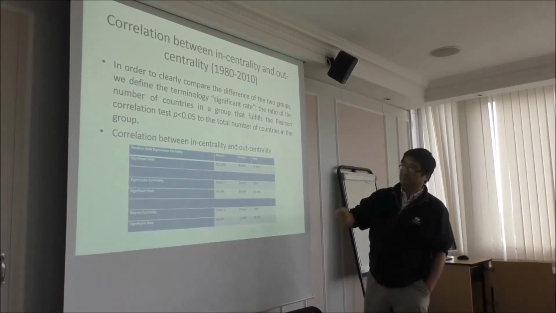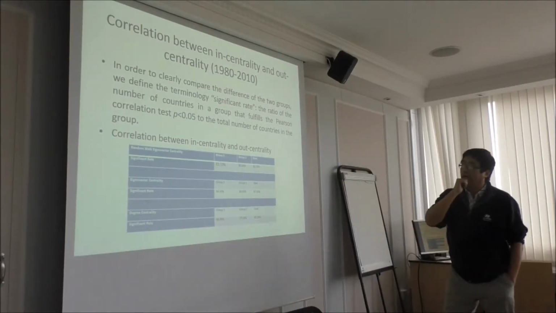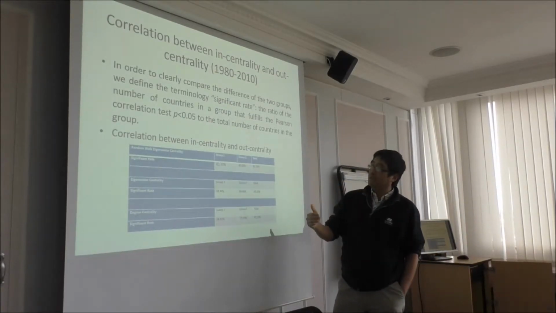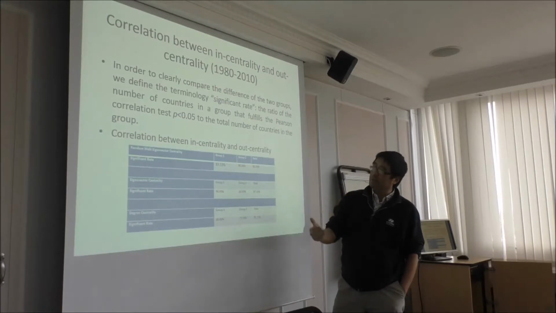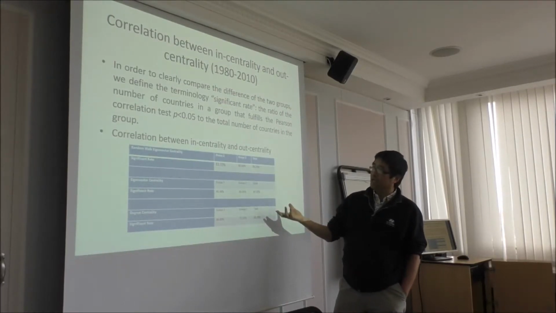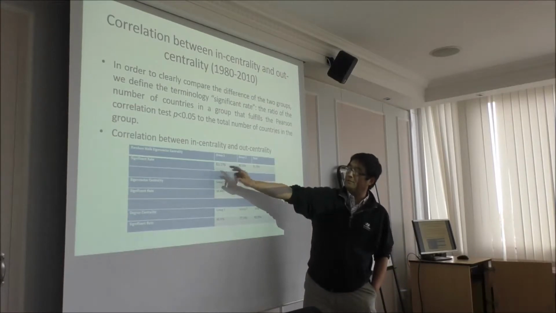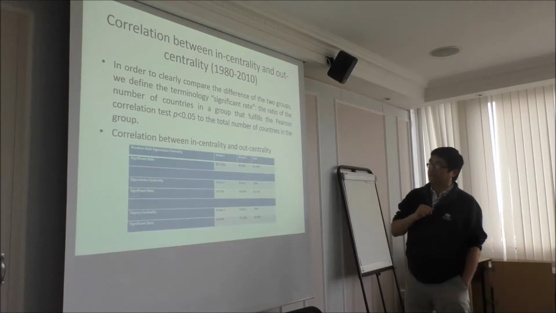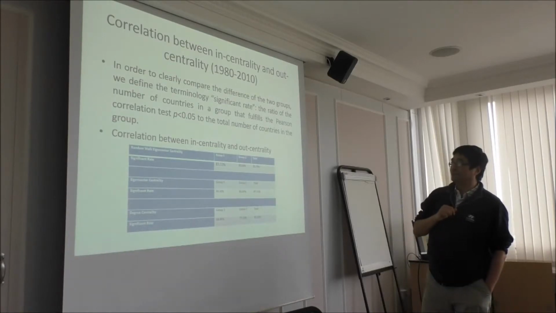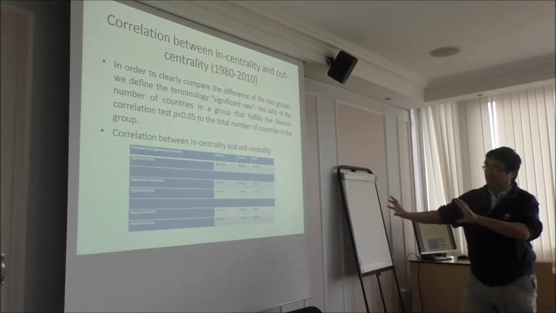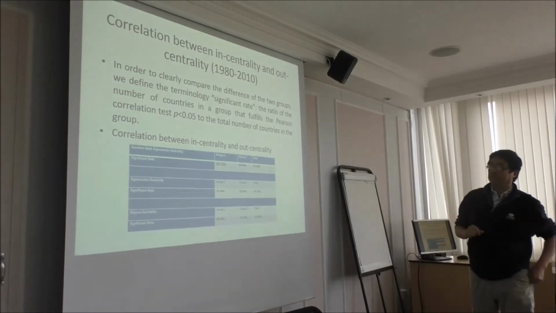We use some statistical criteria, and we notice that the in-centrality and out-centrality have a certain degree of significance. For group 1, this is 83%. For group 2 it is 80%. Sorry, this is for random walk. So this is how the money is flowing within the network.